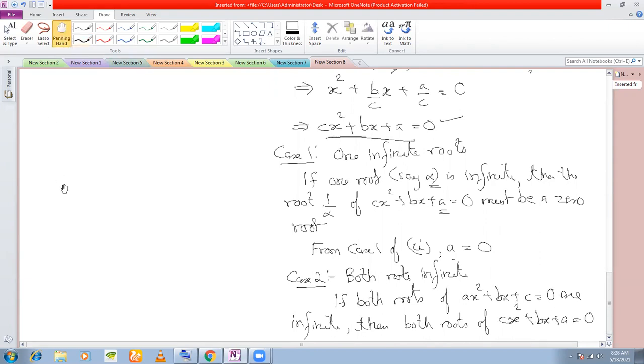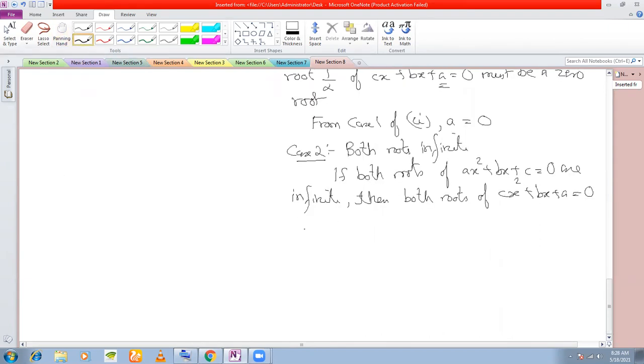Both roots must be 0, isn't it? So from case 2, what can you say? Which ones should be 0? b must be equal to 0 and a must be equal to 0, isn't it? So b equal to a equal to 0.